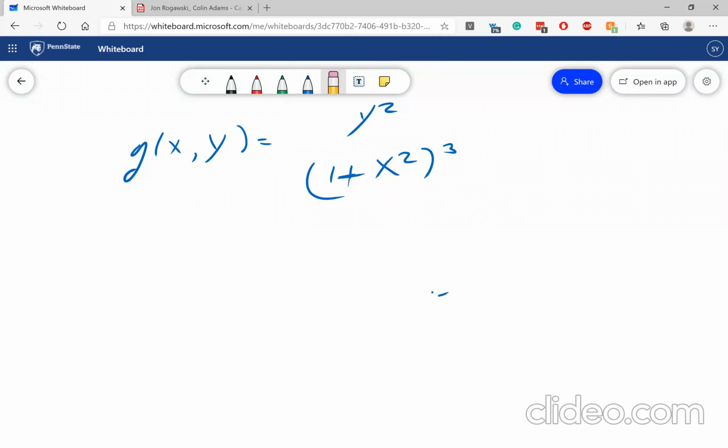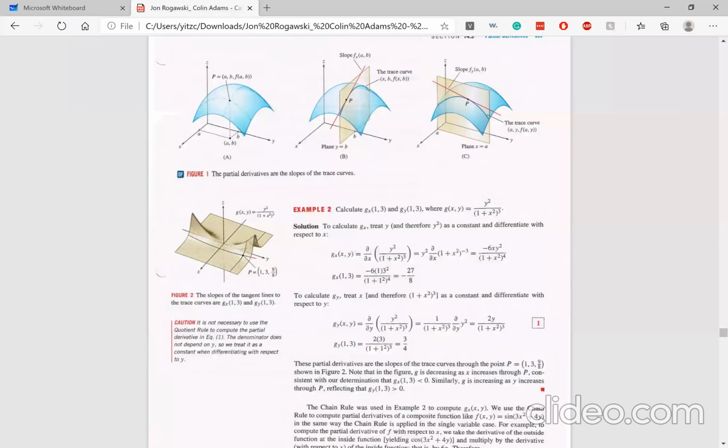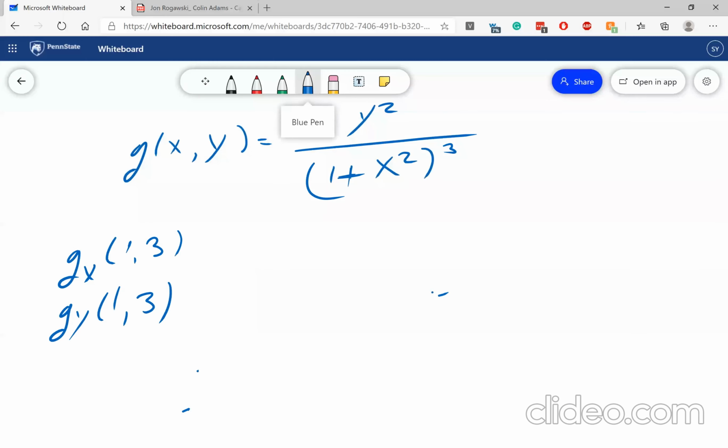And they want us to find g_x of (1, 3) and g_y of (1, 3), right? So first we need to figure out what g_x of (x, y) is.